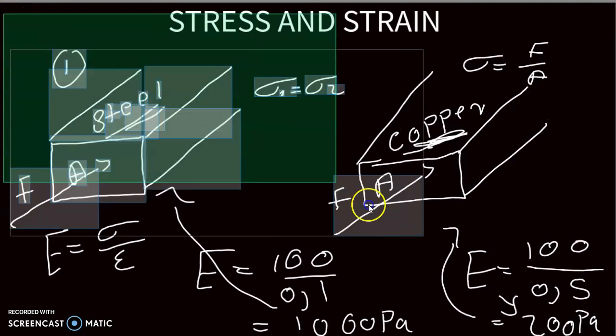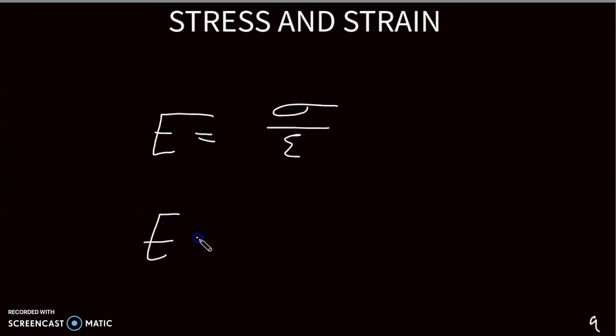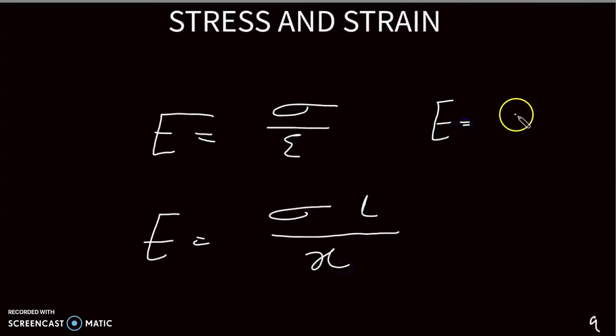And we can derive the formula for Young's modulus, since we know that it is stress divided by strain. It can also be written as F L divided by A x.